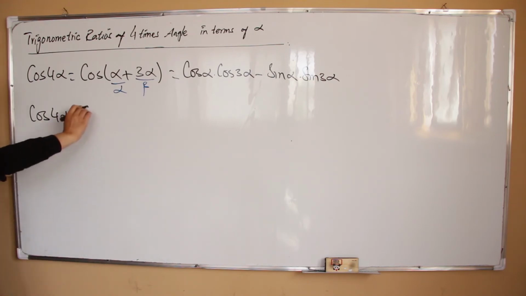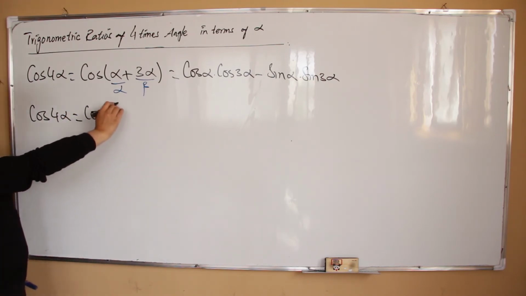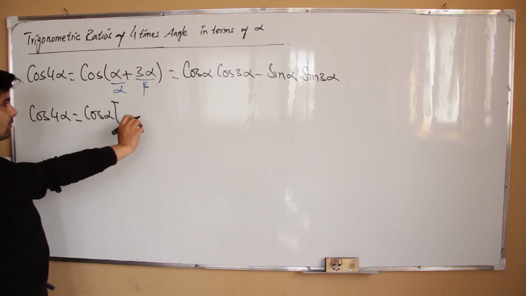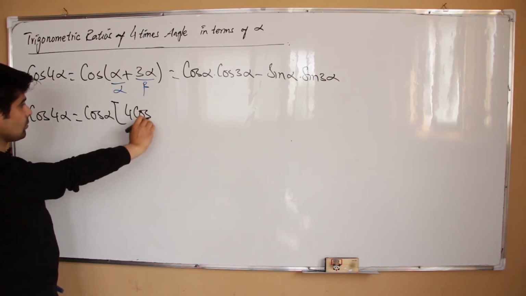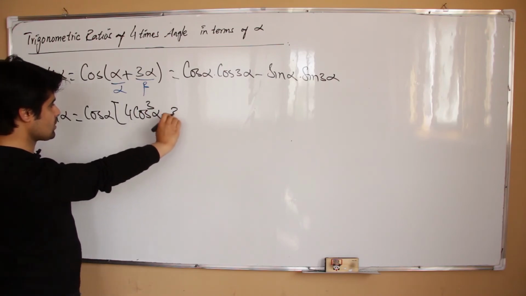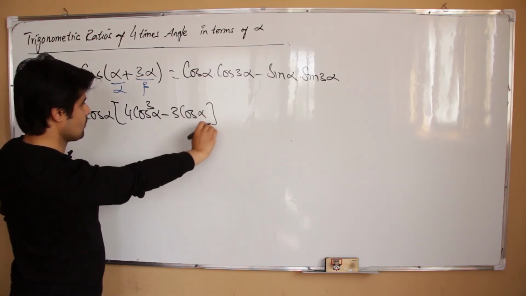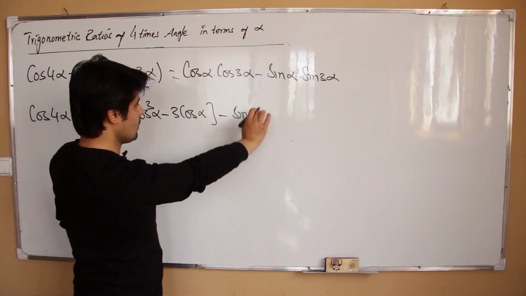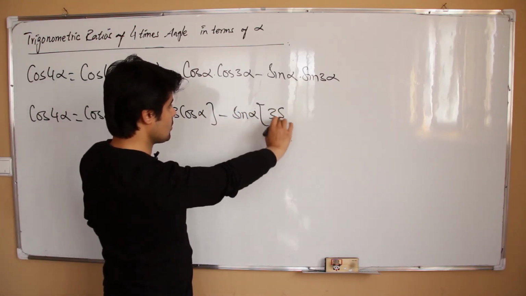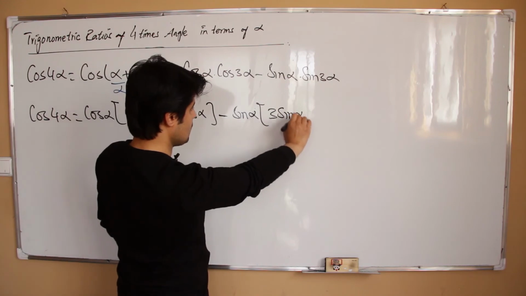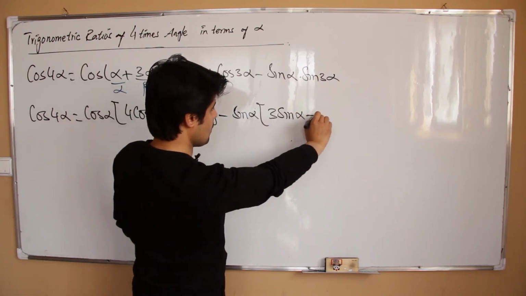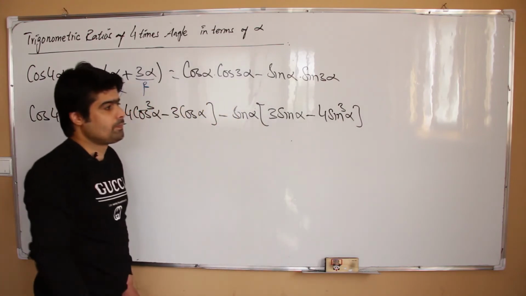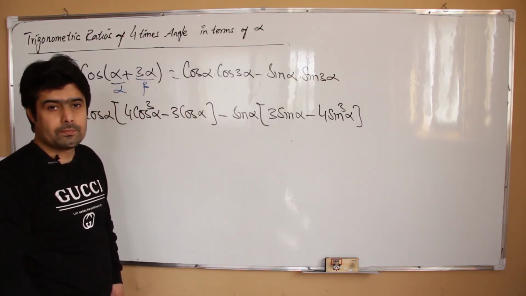So cosine alpha, put this one as it is. Cosine of 3 alpha. What's the formula for this one? 4 cosine cube alpha minus 3 cosine alpha. Am I right? Yes. Minus sine alpha. Now what's the formula for this one? 3 sine alpha minus 4 sine cube of alpha. Correct?